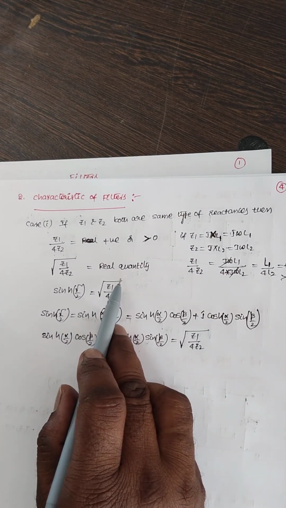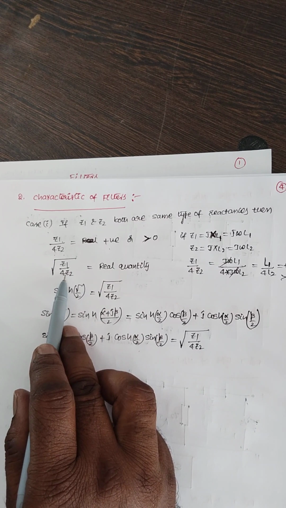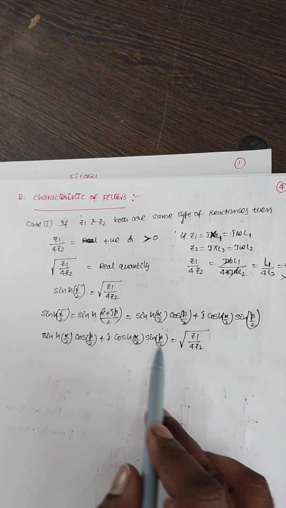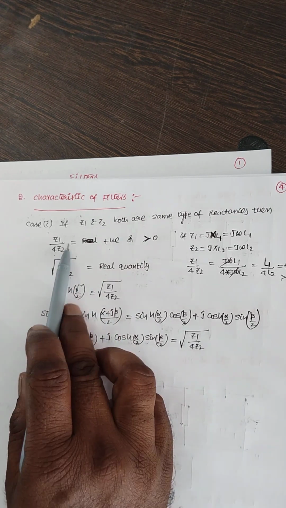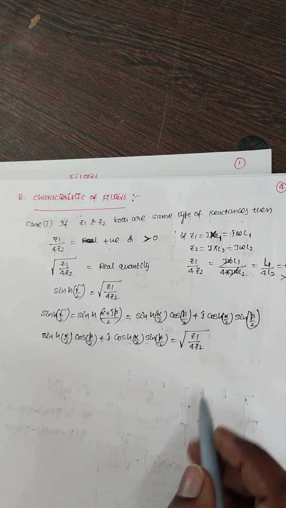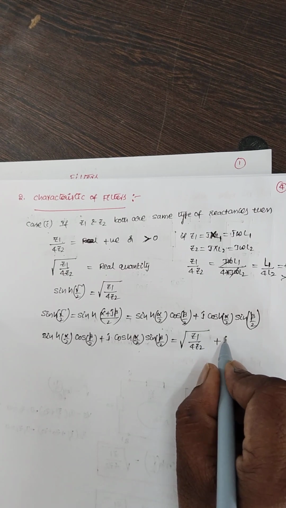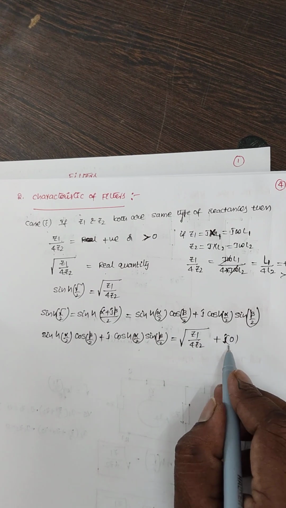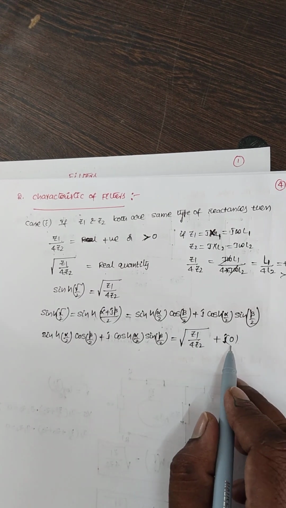Just now we concluded that this square root of Z1 by 4 Z2 is a real quantity. That means it is not an imaginary quantity, because this Z1 by 4 Z2 is greater than 0. So I can write it as plus j into 0. That means the imaginary term here is 0.